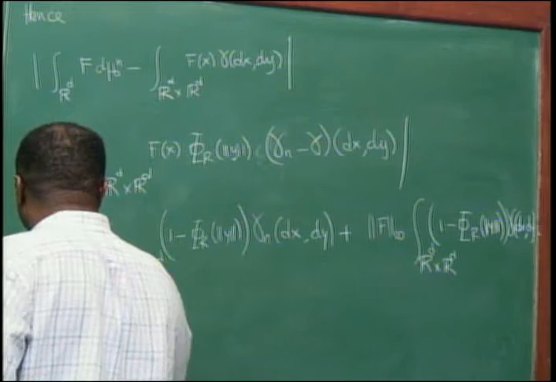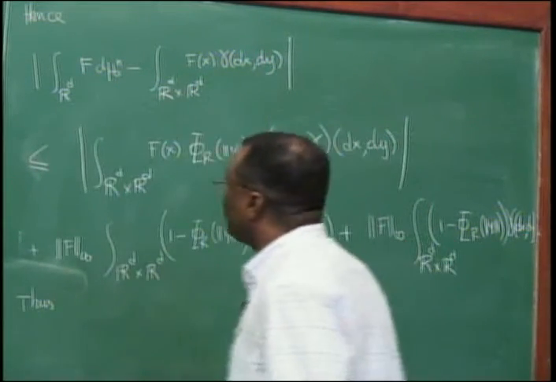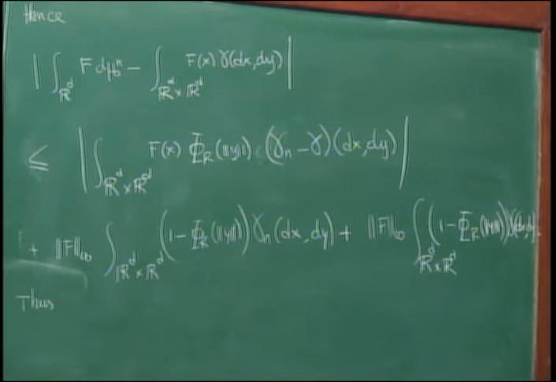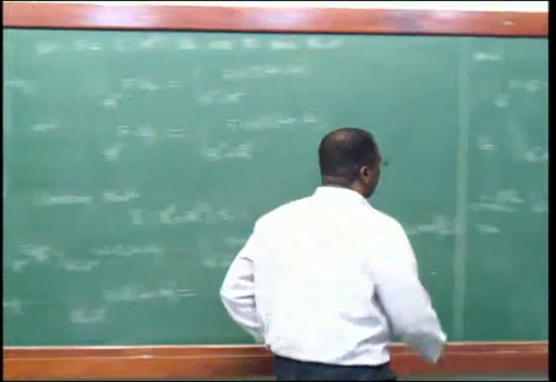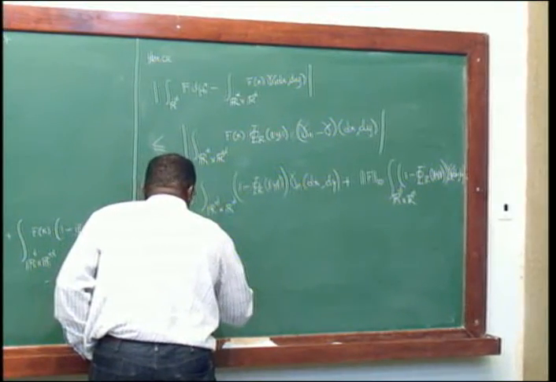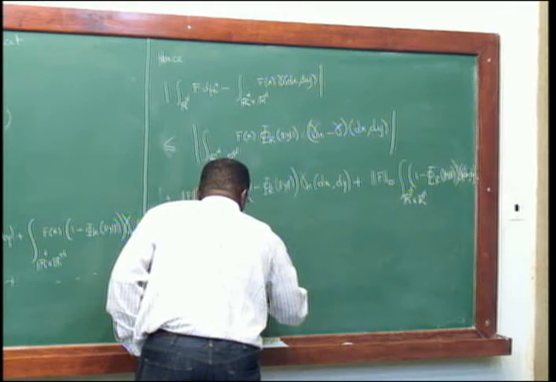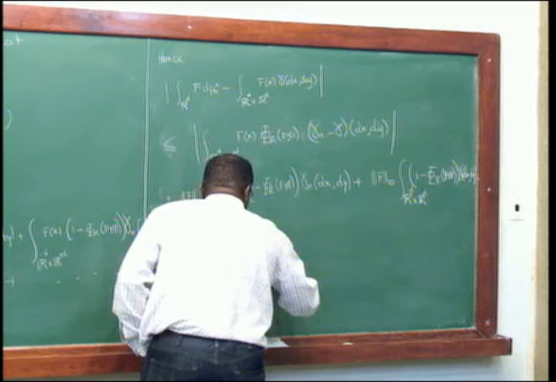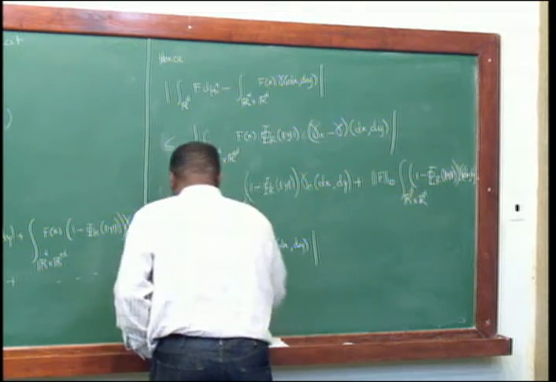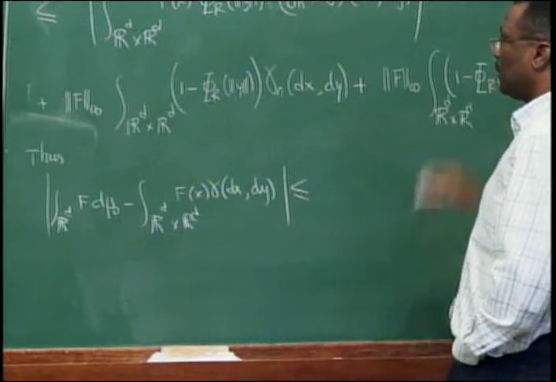So thus, when I pass to the limit here, because I have this property, I can conclude that the absolute value of the integral over Rd of f d mu naught n minus the integral over Rd cross Rd of f of x gamma dx dy is less than. This will go to 0.